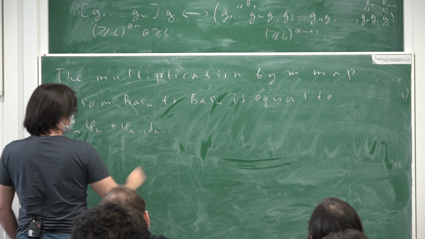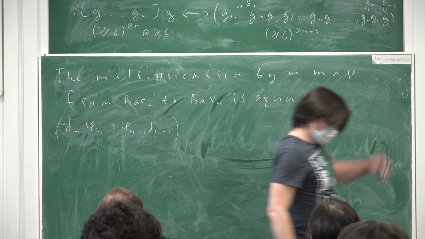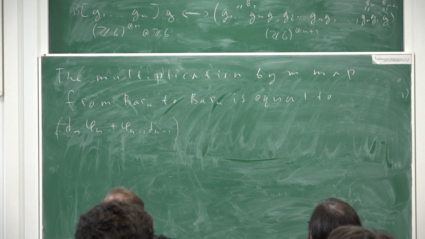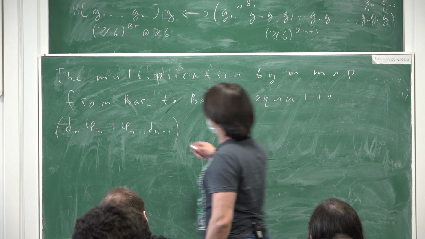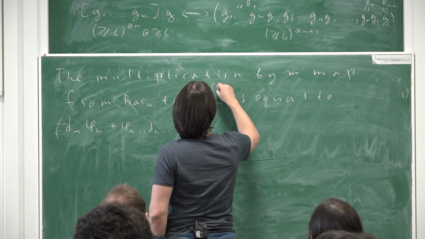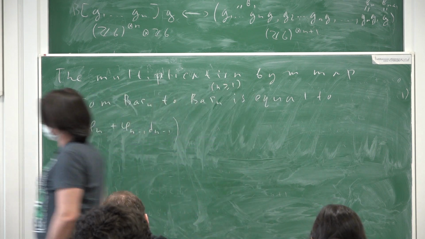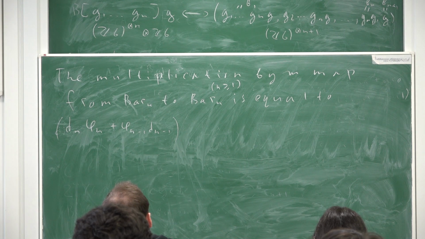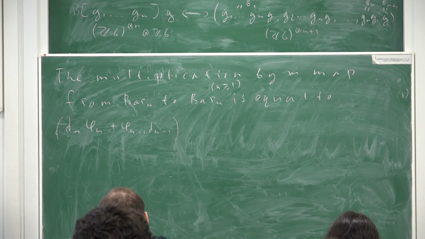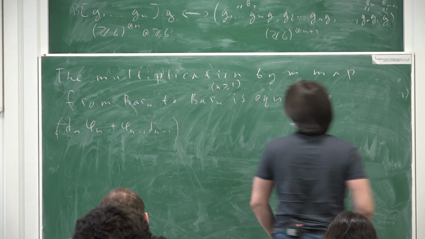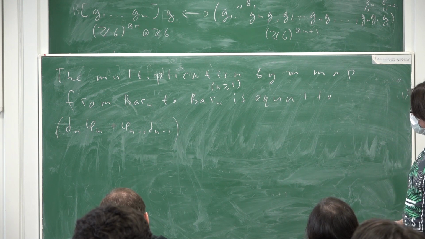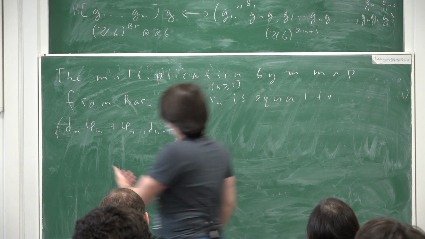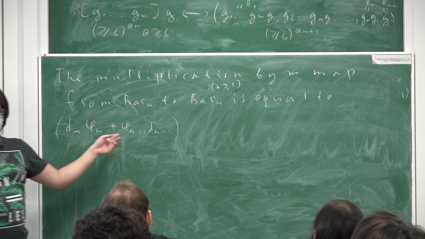So in some sense the multiplication by m on the whole resolution, here n more or equal to 1. In the opposite case you will have some problems with this summand. So in some sense the multiplication by m on the whole resolution is homotopic to 0.